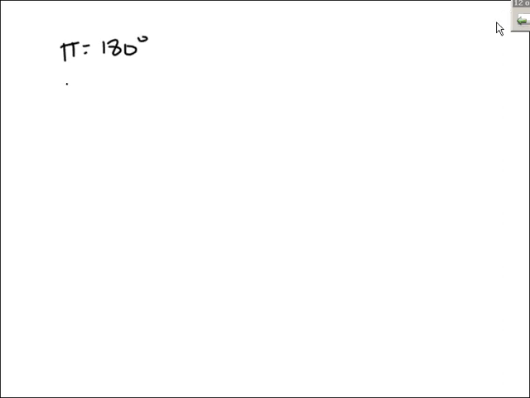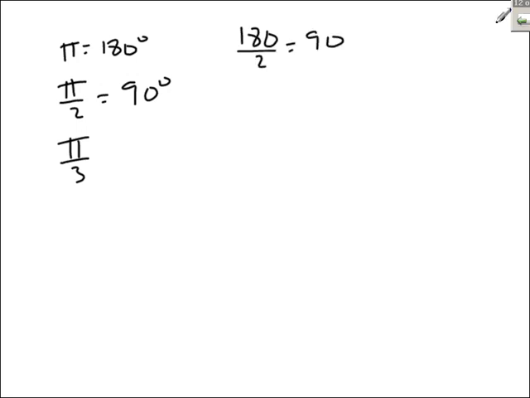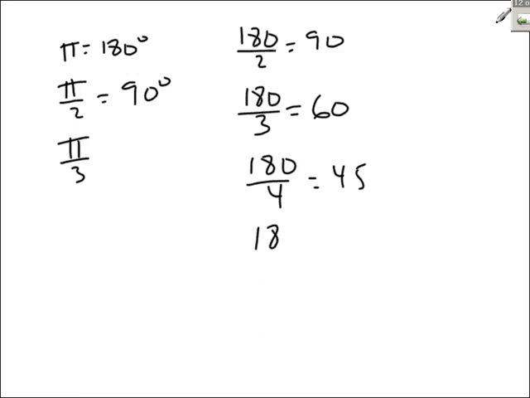Big time, you should know that. 180 over 2 is 90. 180 over 3 is 60. 180 over 4 is 45. 180 over 5 doesn't come up very much, but it's 36. 180 over 6 always comes up, it's 30. And you don't really need to know that one.